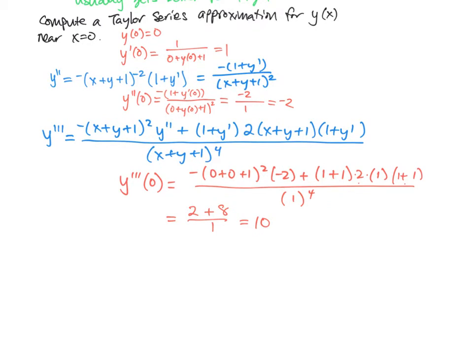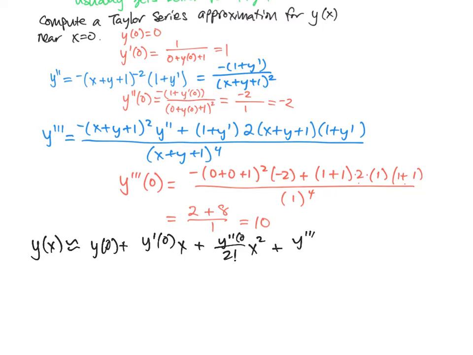Now we can get our estimate for our solution to our differential equation. y of x is roughly equal to y naught plus y prime at 0 times x plus y double prime over 2 factorial times x squared plus y triple prime at 0 over 3 factorial times x cubed.